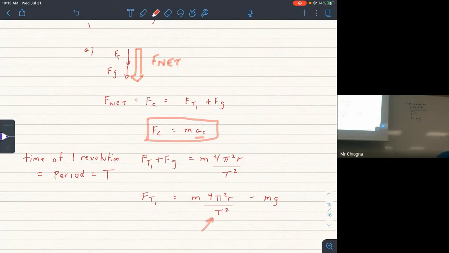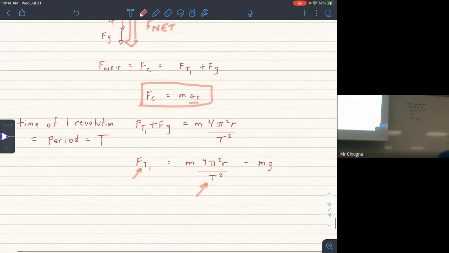This is tension. Or, pardon me, this is period. That's period. I even got confused. This is a subscript referring to tension. It's two different things. Okay, just plug in your values. The period has to be in seconds, which it is.